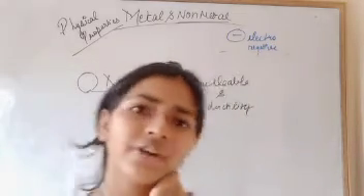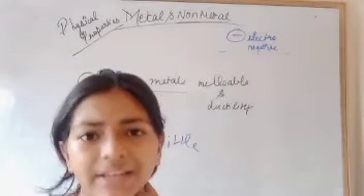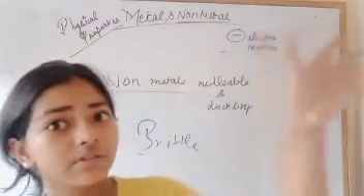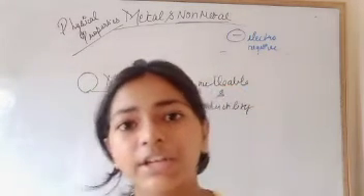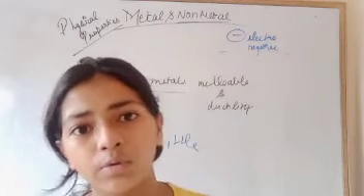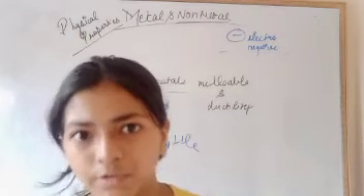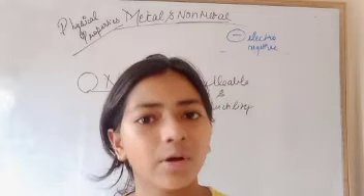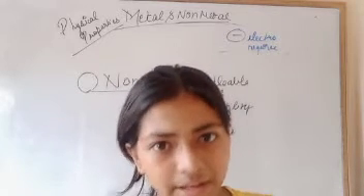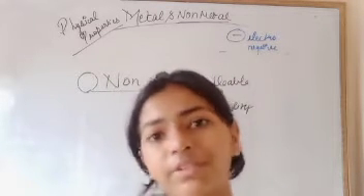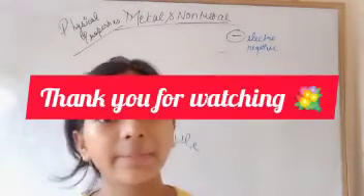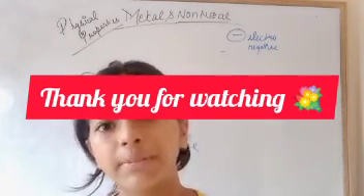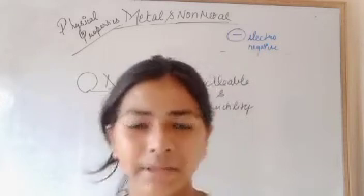Left is good conductors of heat and electricity: metals are good conductors, whereas non-metals are bad conductors of heat and electricity. So in this video we have covered physical properties. Next videos will cover non-metal chemical properties and metal chemical properties.